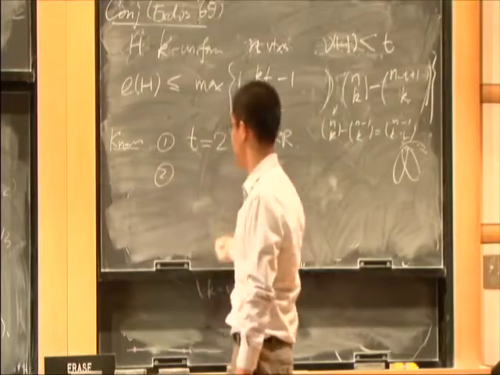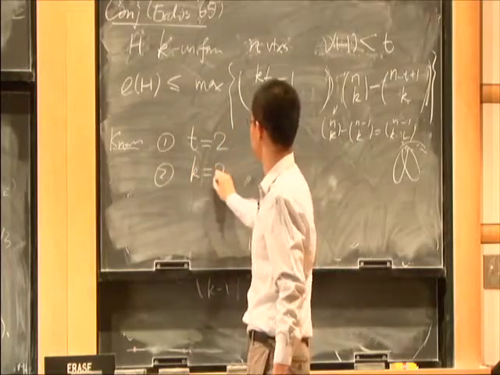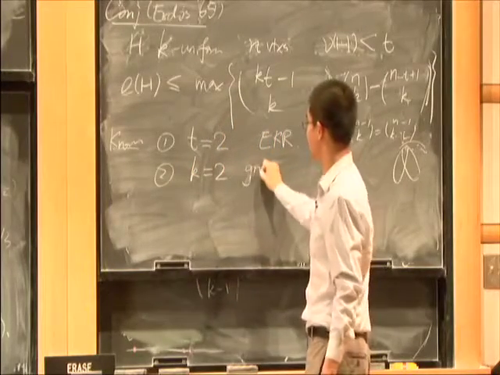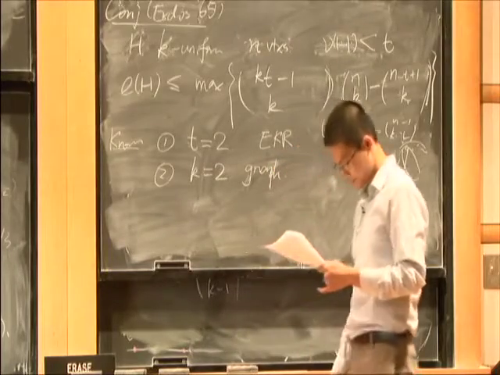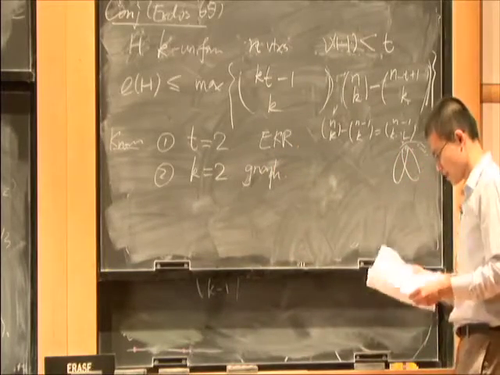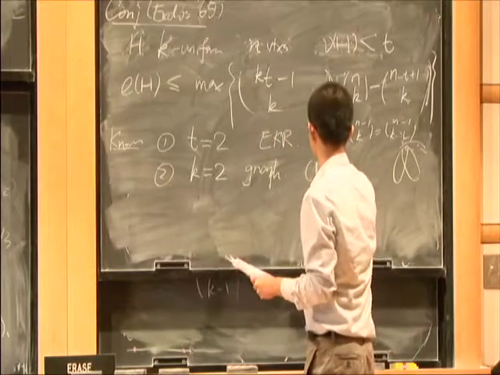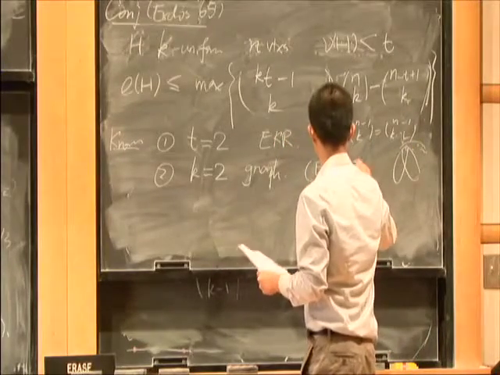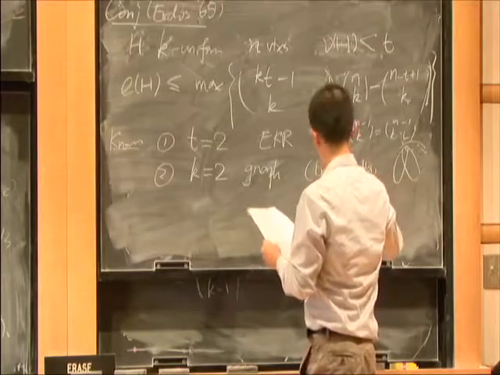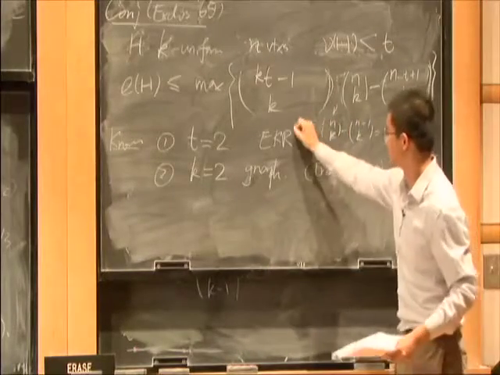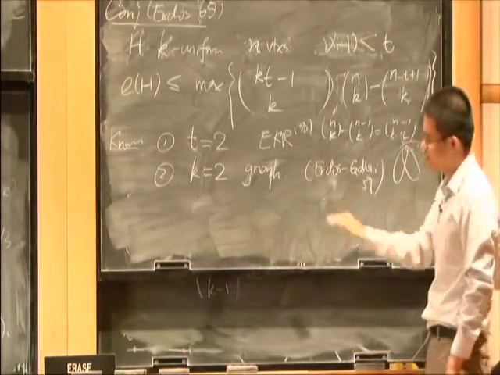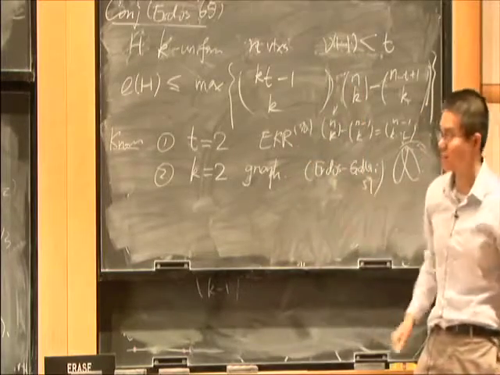And the second case that is known is when k is equal to 2, so basically when this is a graph. This is done by Erdős and Gallai in 59. Again, the t equals 2 case was in 38. So these two special cases were solved before this conjecture was asked.